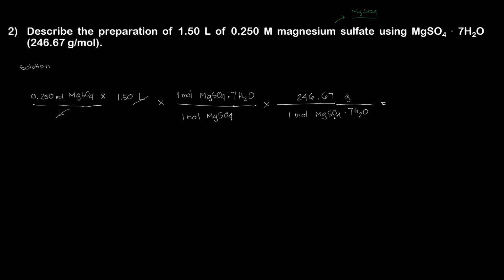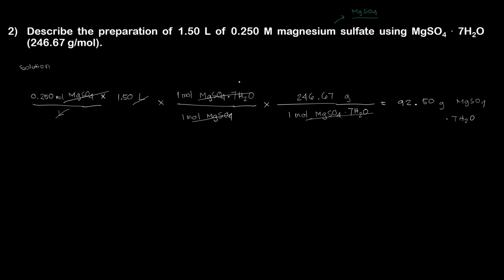Cancel this, and we're left with grams, and that is 92.50 grams of magnesium sulfate heptahydrate. Most of the time, molar mass is not given.